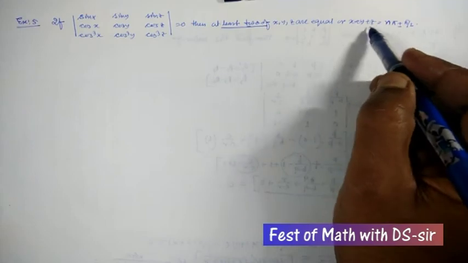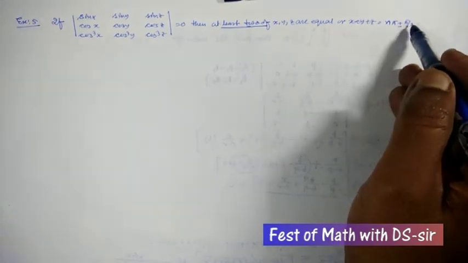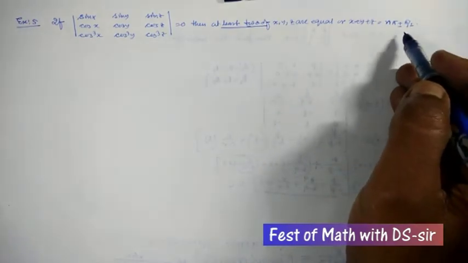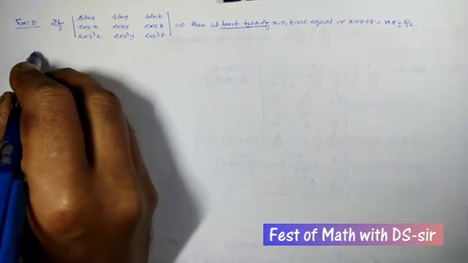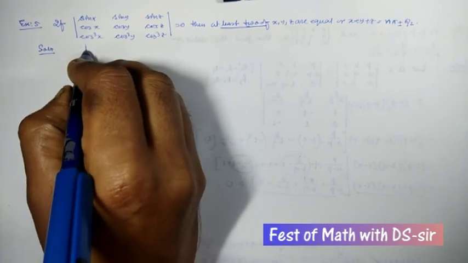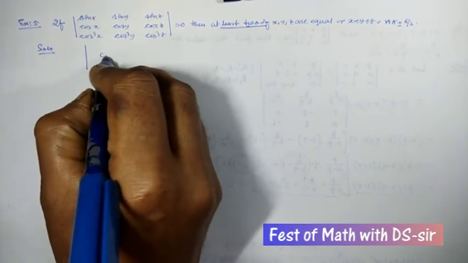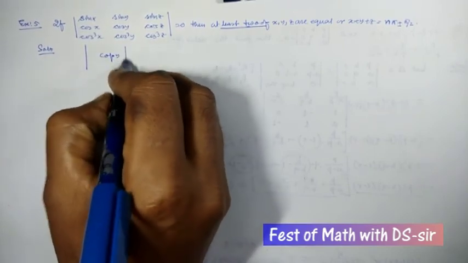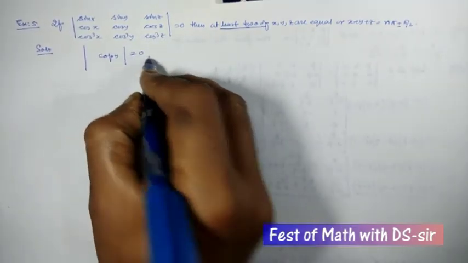Or x plus y plus z is n pi plus minus pi by 2. The solution. Copy the determinant is equal to 0.